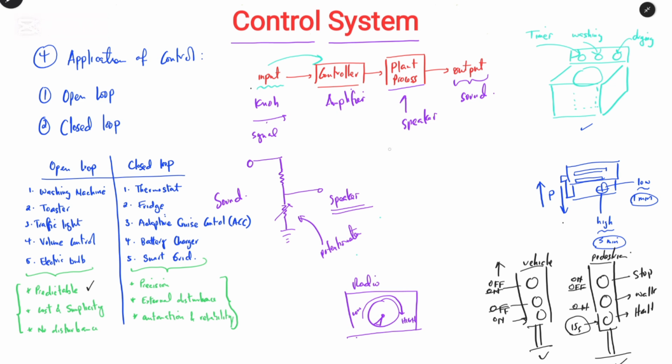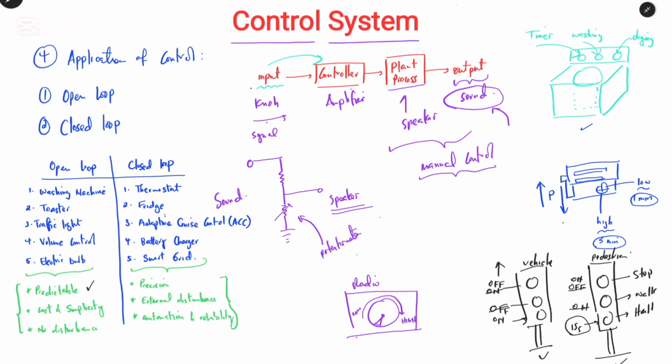So in that case, it is a good example of a manual control of a system because we don't need automation. When we talk about automation, that means there must be a feedback that will monitor the sound. If the sound is high, then it will fine tune a controller so that a reasonable signal will be passed through a speaker.